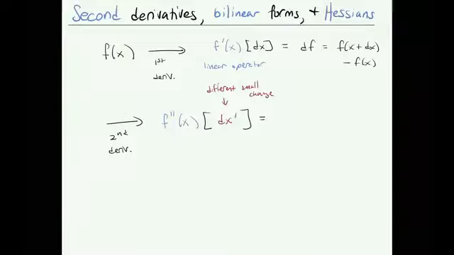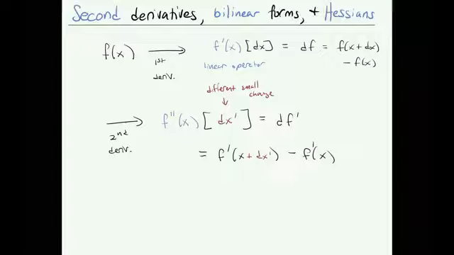So what should it be? Well, it should be exactly the same thing as the derivative. It should be df prime, so it should be f prime of x plus dx prime minus f prime of x.